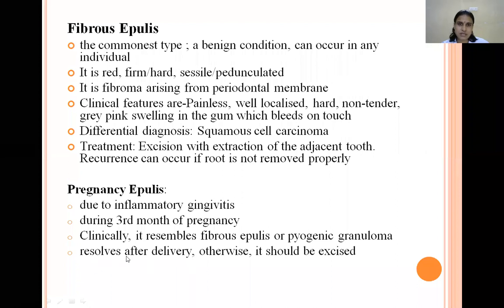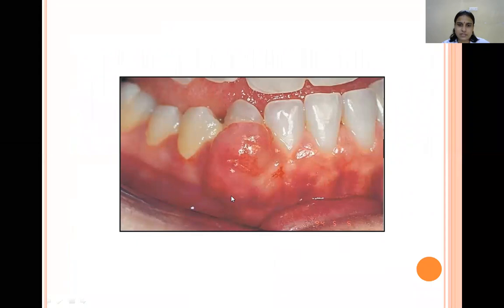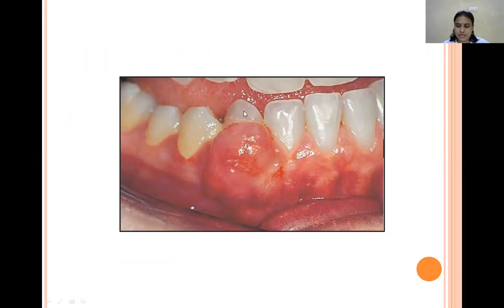It will usually resolve spontaneously after delivery. If it is not resolving, then we have to go for simple excision. So this is an example of the fibrous epulis, where you have to remove this localized tumor along with the tooth extraction.